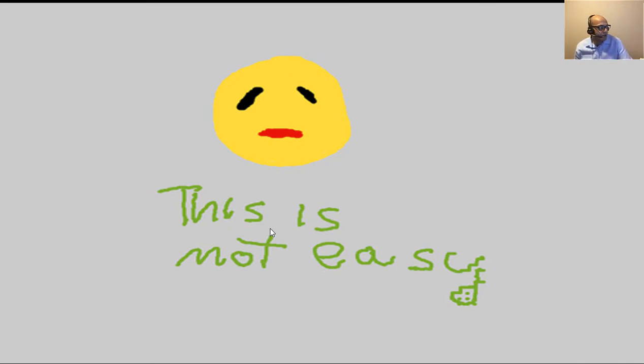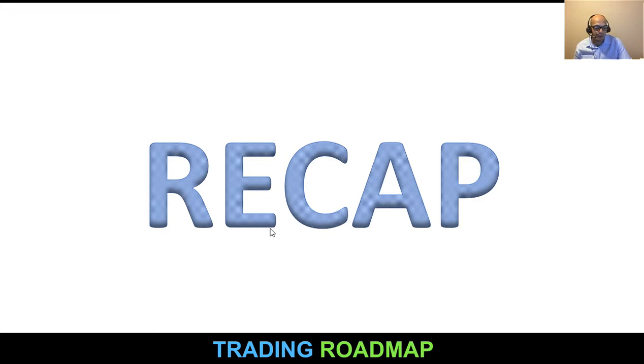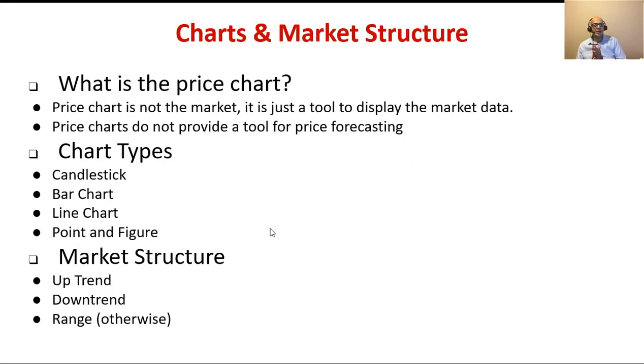So now let's just do a quick recap of what we have learned today. Today we discussed what the price is, what the charts are, the different types of charts that we have, and the market structure: uptrend, downtrend, and range.